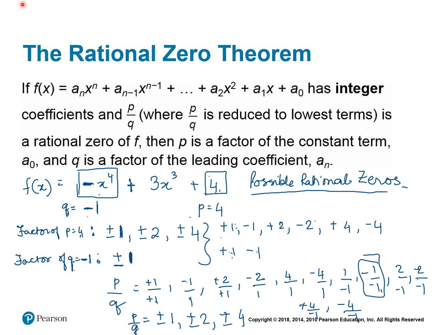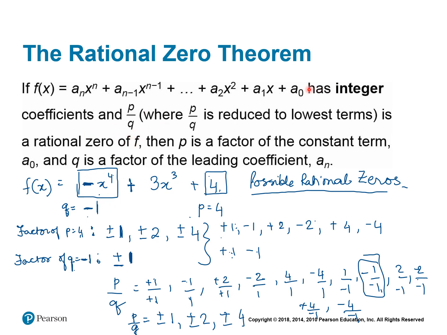This theorem, the rational zero theorem, helps us come up with just a handful of possible x-intercepts or the zeros of a polynomial function. All right. So we are going to learn the technique of deriving that shortlisted set of x-intercepts. How do we do that?